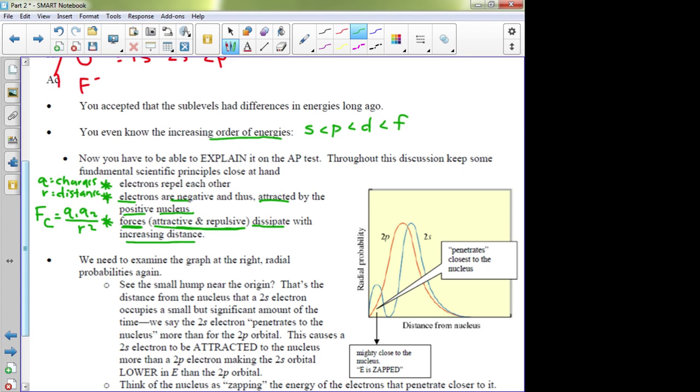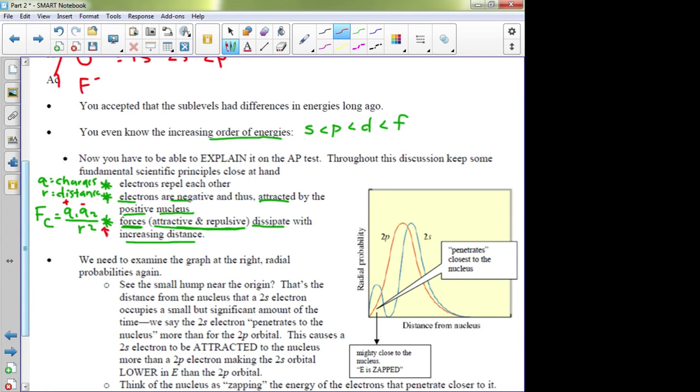Okay, so let's say hypothetically that I have a positive charge and a negative charge. Is this going to be an attractive force or a repulsive force? An attractive force, right? As my distance goes up, the number in my denominator is going to get bigger.